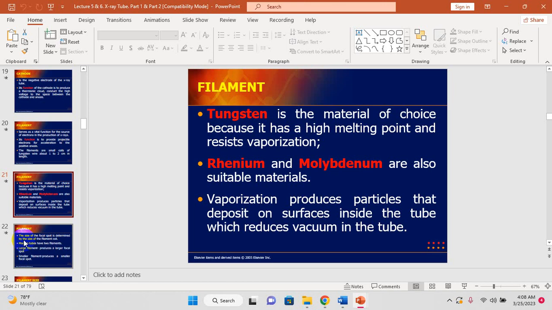Kaya since ito ang pinakamataas na melting point, matagal siya mag-melt, so ito ang ginagamit na material for filament kasi napakainit.